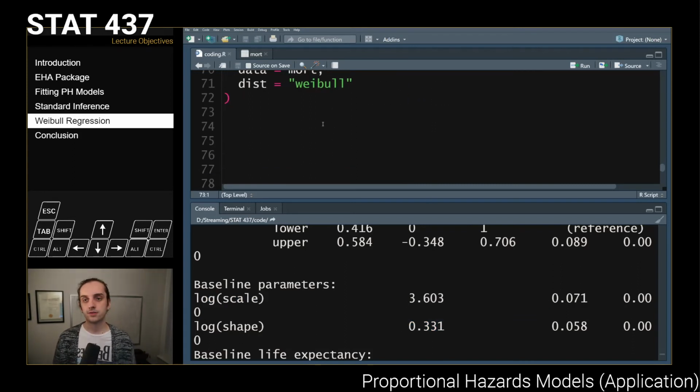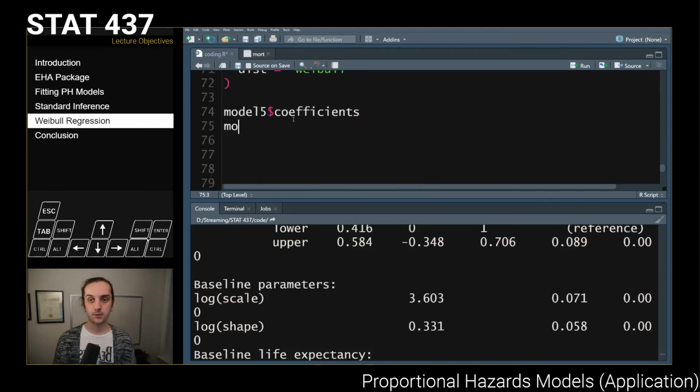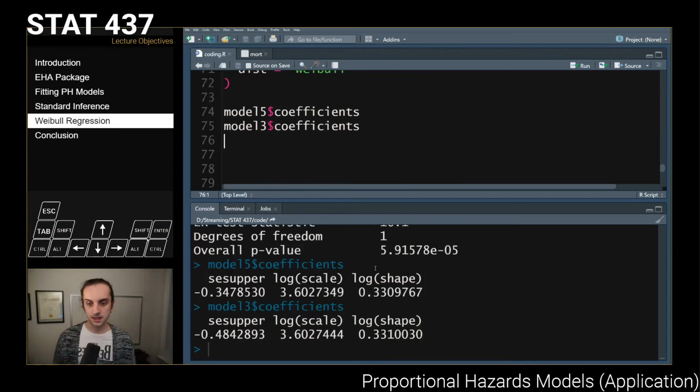But the thing that I really want to focus on is taking a look at the model 5 coefficients, and next to them, I want to look at the model 3 coefficients, right? I can run both of these here, and we can see here are our accelerated failure time coefficients, and here are our proportional hazards coefficients.